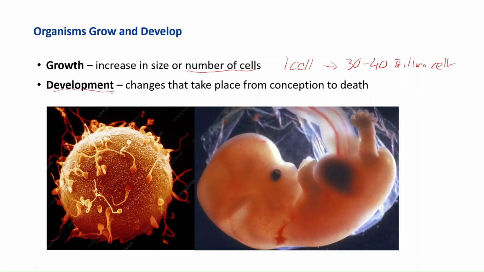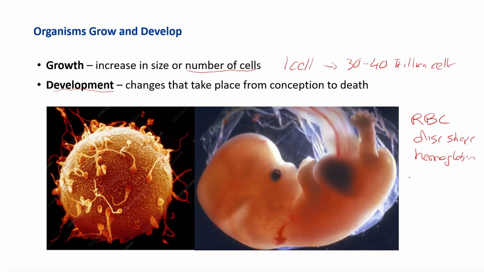And cells are going to adapt. Their shape, size, and the proteins they make are going to be different depending on the role. For instance, if you have a red blood cell, it's going to have a disc shape, and it's going to make a lot of hemoglobin, that's the protein that carries oxygen.